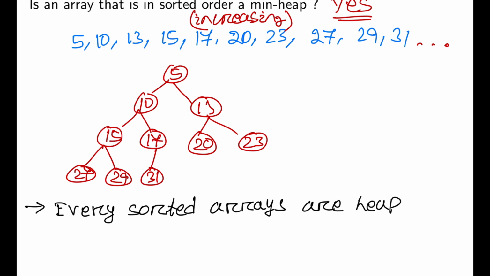So if the sorting is in increasing order, it forms a min heap. If the sorting is in decreasing order, that forms a max heap. So we can say every sorted array is a heap, but not the reverse.